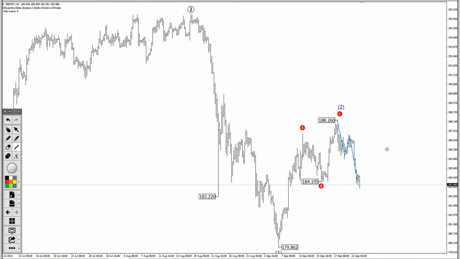On pound dollar we can see lower figures, very strong decline on pound dollar, and also here we can see a starting minute wave 3 decline. We have passed the 184.195 level, and once we see a 5-wave structure, then this is more certain that the next wave down has started, and much lower figures are expected.